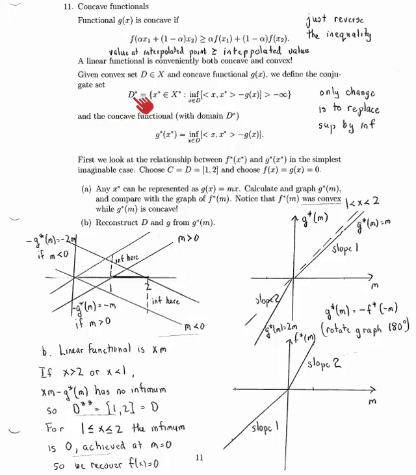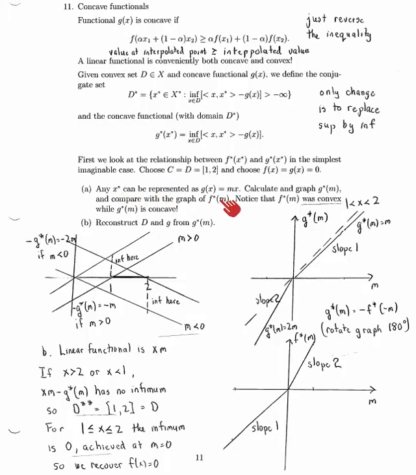The conjugate domain, D star, is where this infimum exists, and the conjugate functional, G star, is the value of the infimum. So let's try this out on a functional for which we already know the conjugate convex functional, namely g of x is equal to 0, but with a domain D that only extends from 1 to 2.